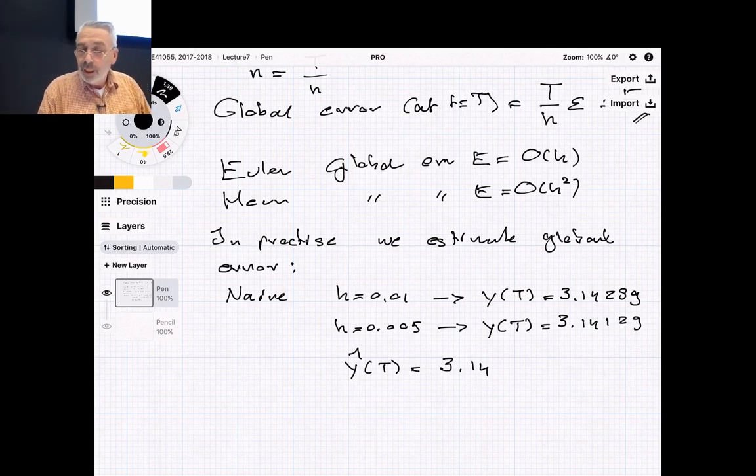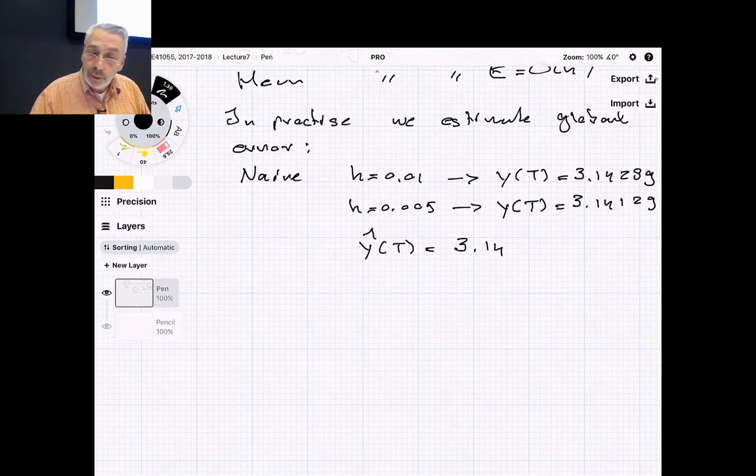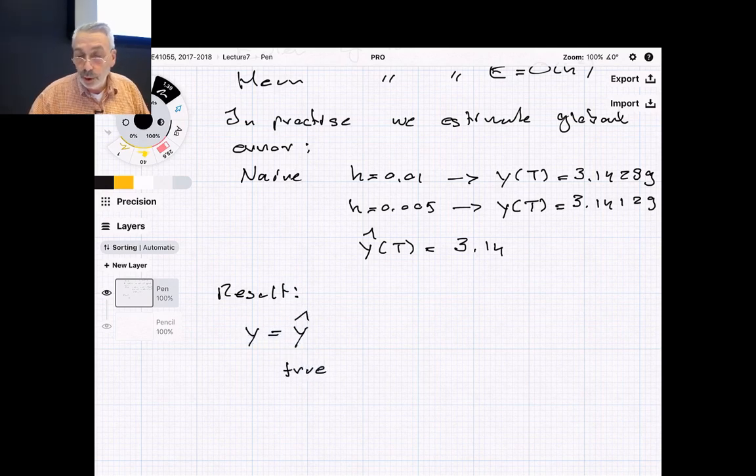But anyway, actually there is even a basis for that, because you know that the result you calculate, y, is the true result, the true answer, which you don't know, plus some error. And the error behaves like some constant times h to the power p.